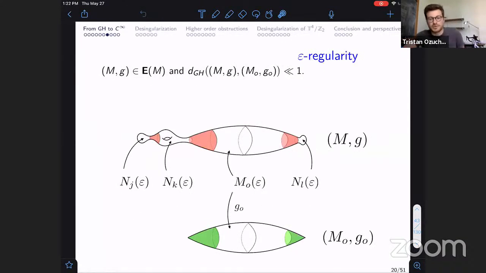Okay, so how do we prove such a convergence of Einstein metrics? We start with two things. Our information is that we have an Einstein metric and it's close to an Einstein orbifold. So here is my Einstein metric and here is the orbifold. By classical epsilon regularity results, you know that a large piece of your Einstein metric is close to a large piece of the orbifold.